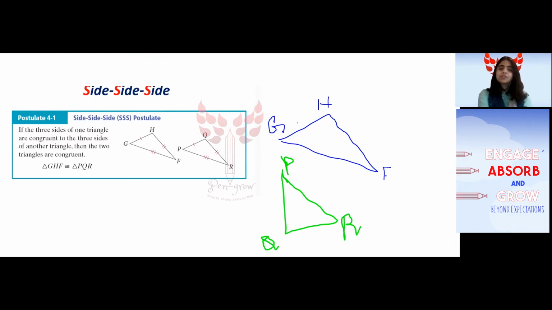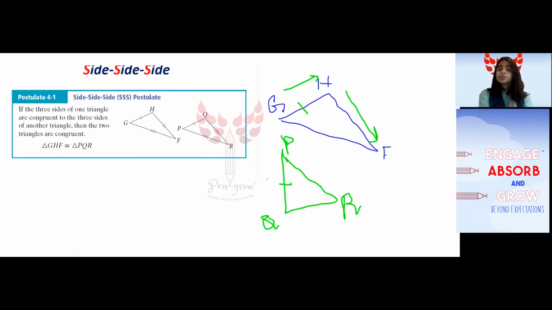So if GH and PQ are equal, after GH, what do we have? We have HF. And after PQ, what do we have?